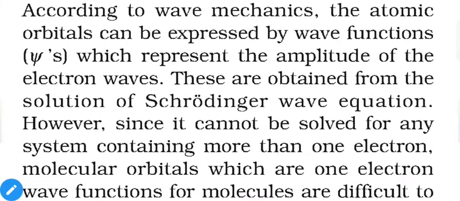According to wave mechanics, the atomic orbitals can be expressed by wave function psi, which represents the amplitude of the electron waves. Okay, so here we are talking about the duality nature. We know that each and every particle and wave has both types of nature, that means particle nature as well as wave nature. As the size or mass increases, wave nature decreases and particle nature increases.